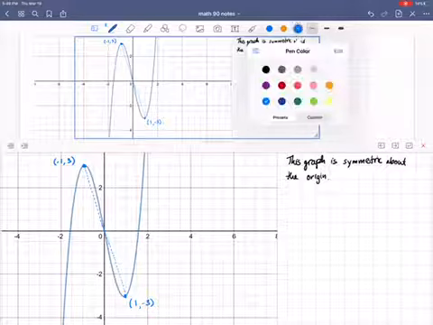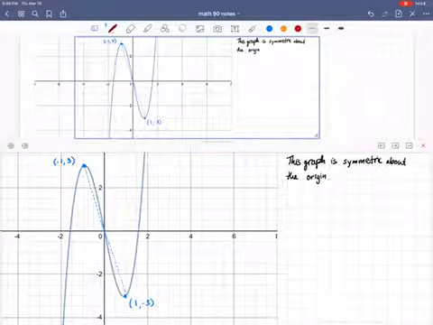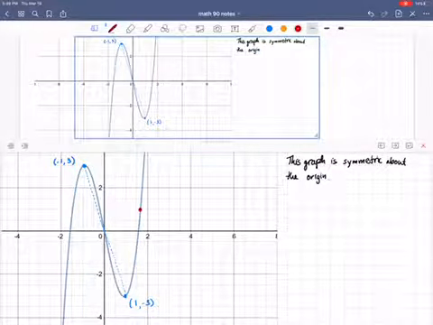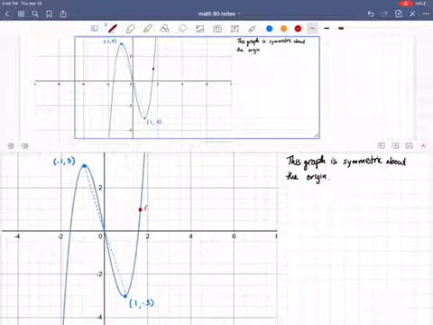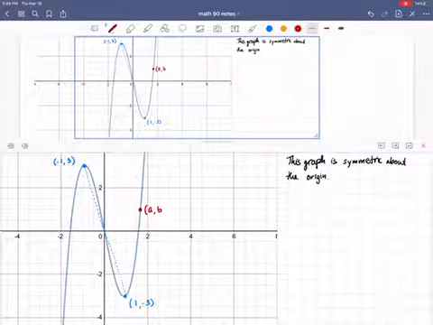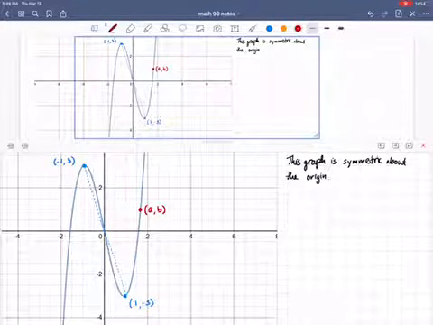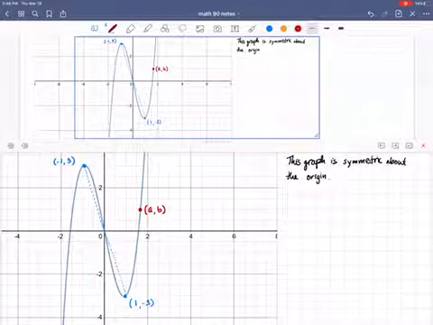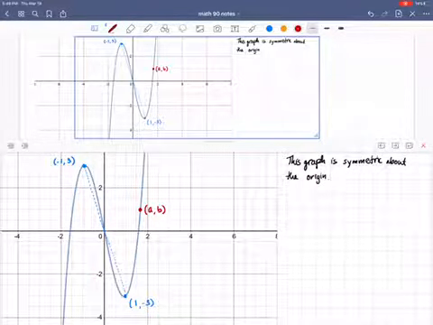Let's try another point. So we'll pick this lovely red color. And for this one, I'll pick this point here. And again, I don't really know what this function is. I'm just going to call the coordinates of this point (a, b). And I'm going to do the same thing.